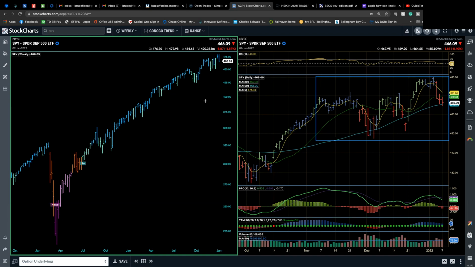If you take your eyes over to the left-hand side of the chart, each bar represents 1 week. On the right, each bar is 1 day; here, it's 1 week. I'm going to clear this drawing for a second and draw a new one, bear with me.